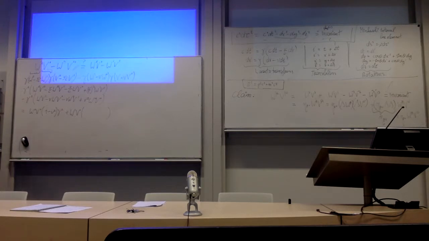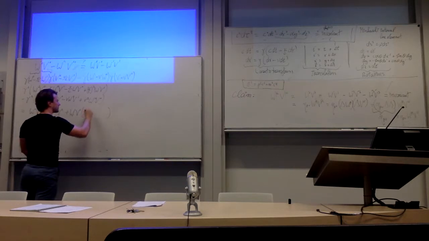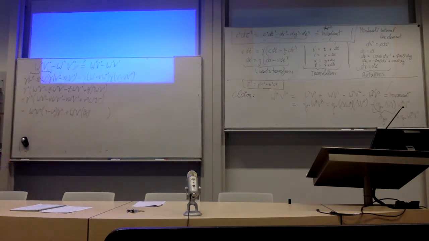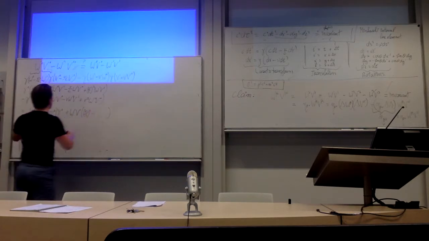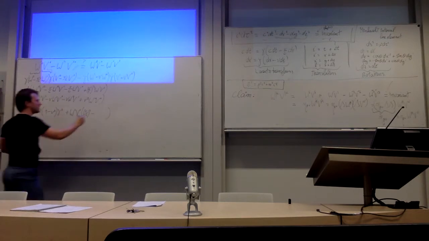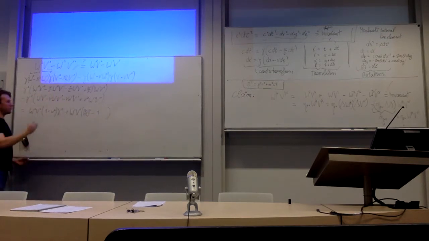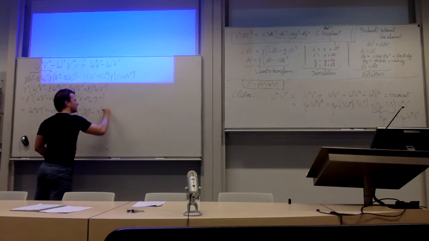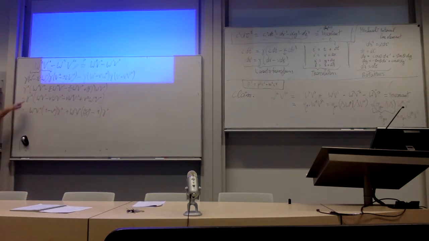Yeah, so it's v over c squared and what else? Minus 1. That's this one, right? Okay, and a gamma squared, because both of them come with a gamma squared.